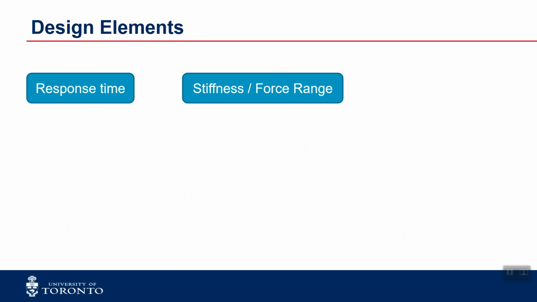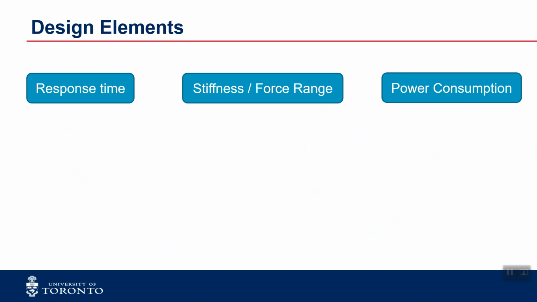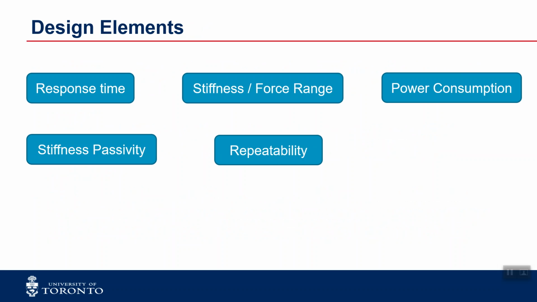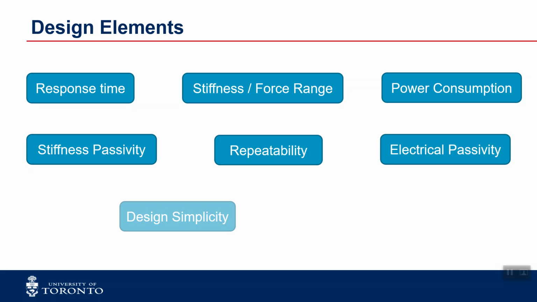The design elements for tactile displays can be listed as response time, stiffness or force range, power consumption, stiffness passivity, repeatability, electrical passivity, design simplicity, and disinfectability. These are mostly self-explanatory.